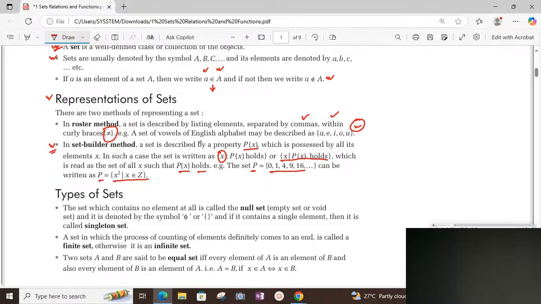We have two methods to represent a set. The first one is known as the roster method, other names of which are tabular or listing. The second method used to represent a set is the set builder method, another name of which is the rule method.